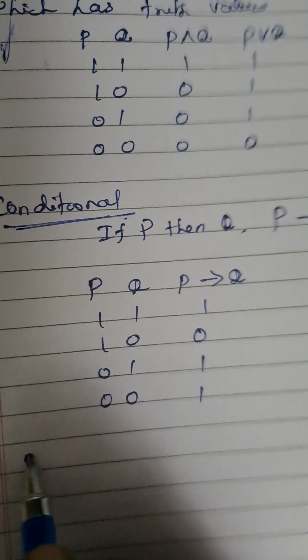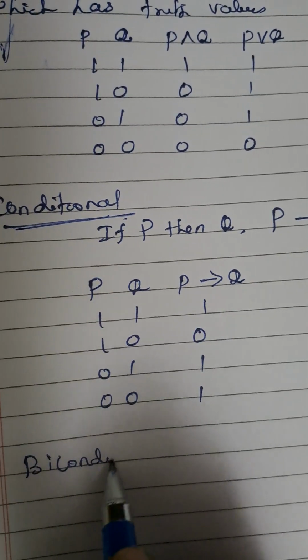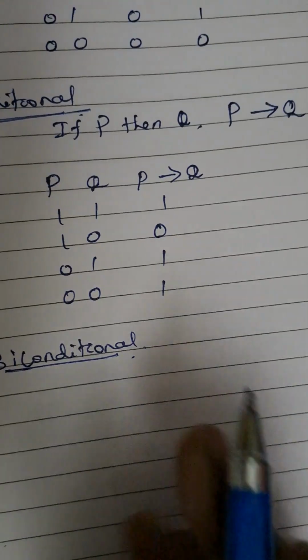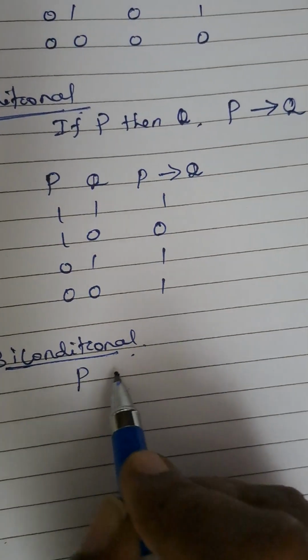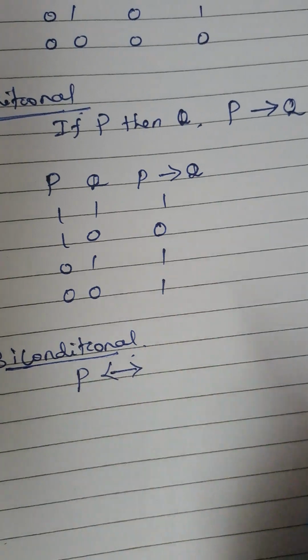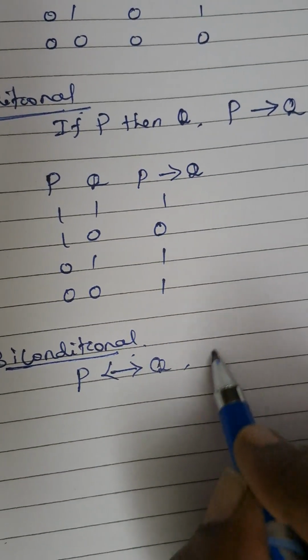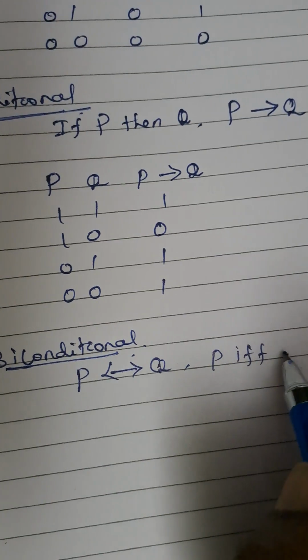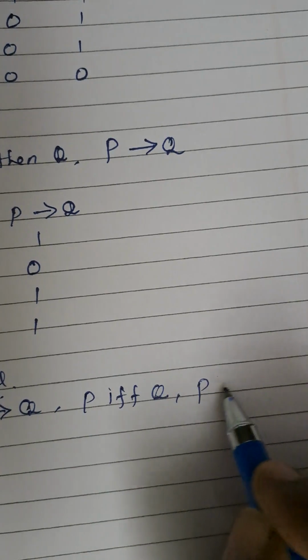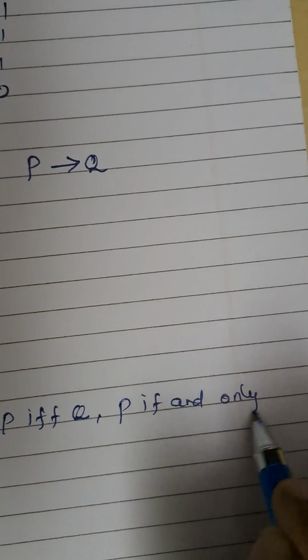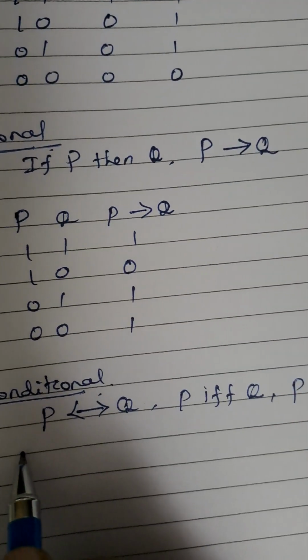I'll write one more thing, biconditional. For the biconditional we have P, a double-sided arrow, Q. It is read as P if and only if Q. So what is its truth value?